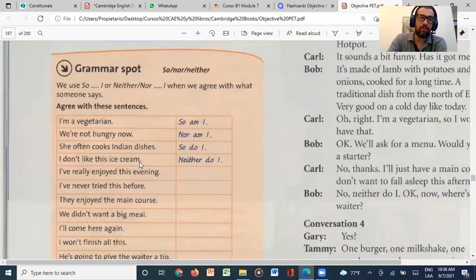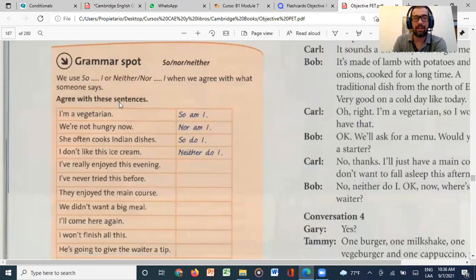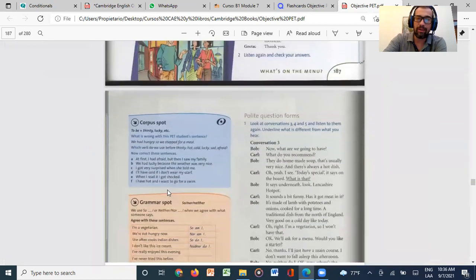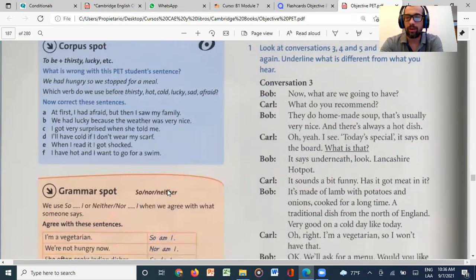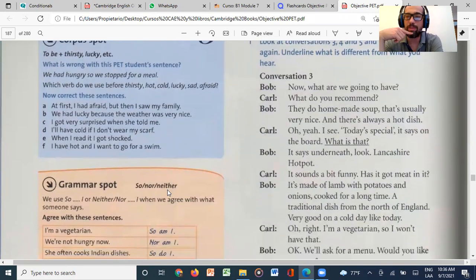Now, if you want to keep on practicing the so am I or nor am I, you can do this grammar spot over here, which is very, very important. And also talking about polite questions. It says, look at conversations 3, 4, and 5 and listen to them again. Underline what is different from what you hear. For example, here we have, here today's special.